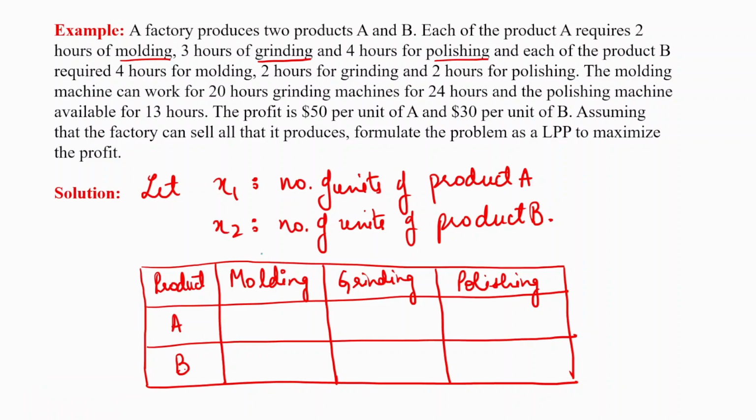I'll quickly write 2 hours of molding, 3 hours of grinding, and 4 hours of polishing for A. For product B, 4 hours of molding, 2 hours of grinding, and 2 hours of polishing.